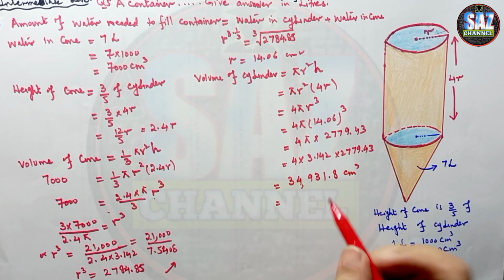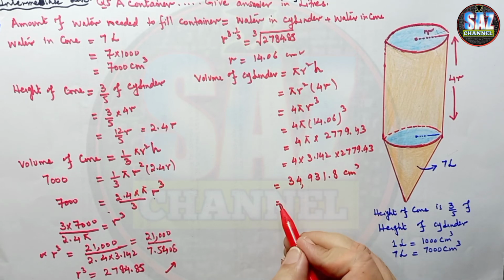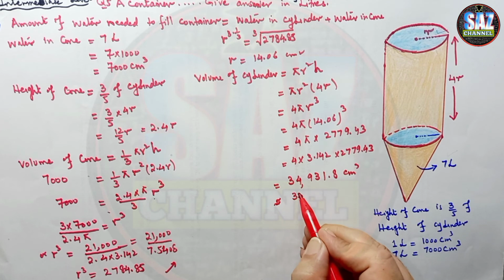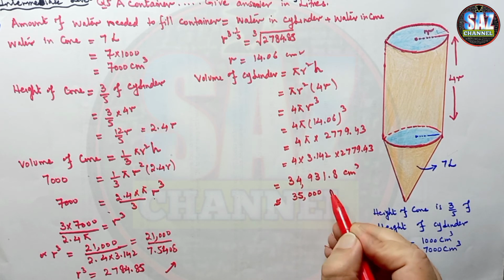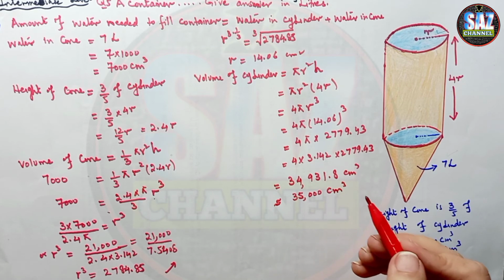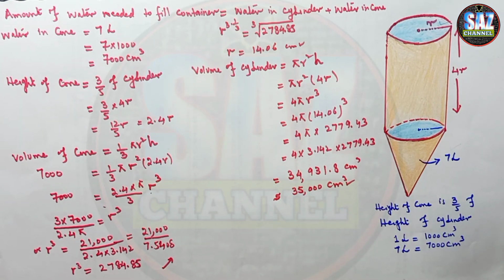And as this is 931, in order to give the answer to 3 significant figures, it can take the form 35,000 centimeter cube. Now as the question was saying that we have to give the answer in liters, I have to shift this answer of volume of water in cylinder to liters, because 1 liter holds 1000 centimeter cubes.